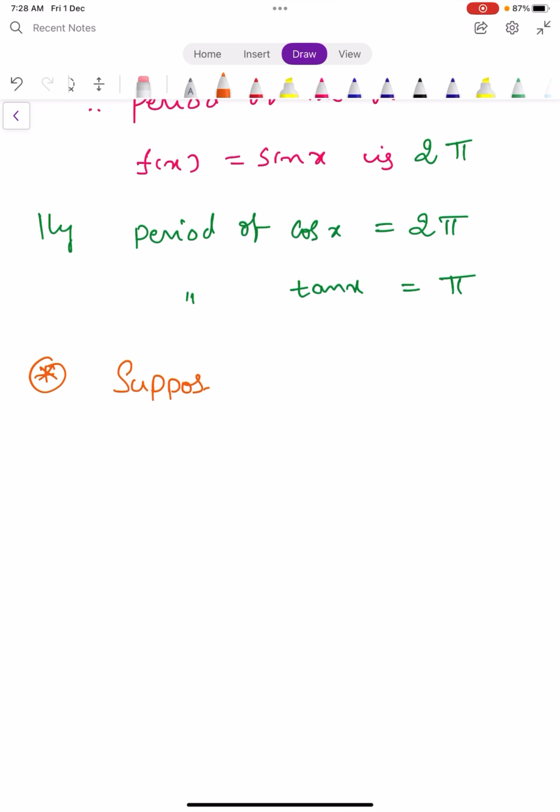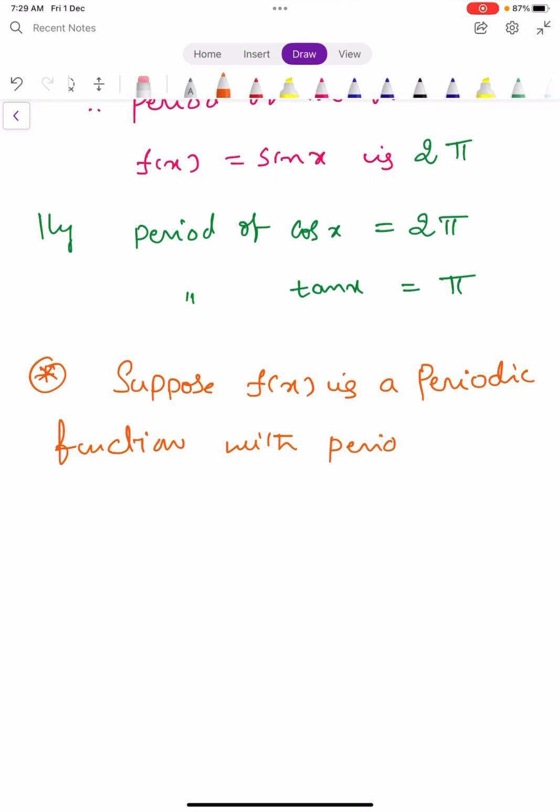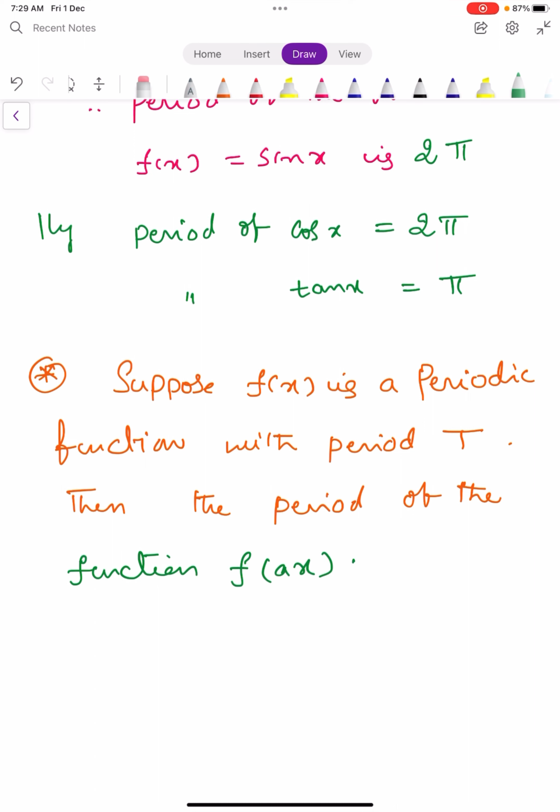Suppose f of x is a periodic function with period capital T. Then the period of the function f of ax is capital T by a.